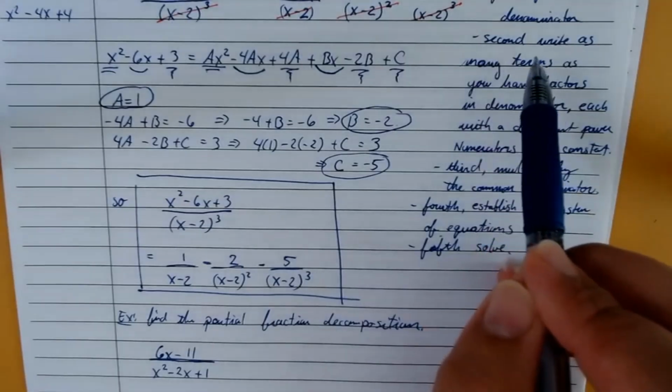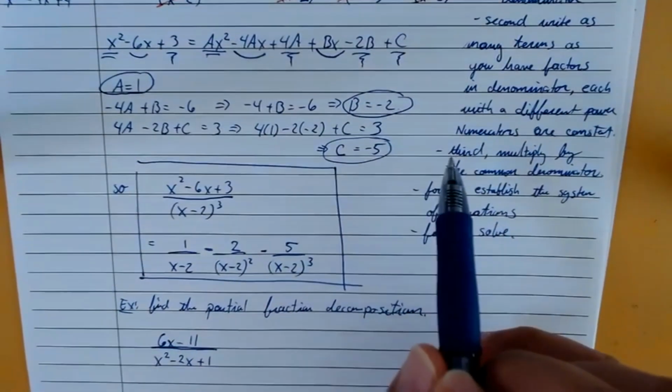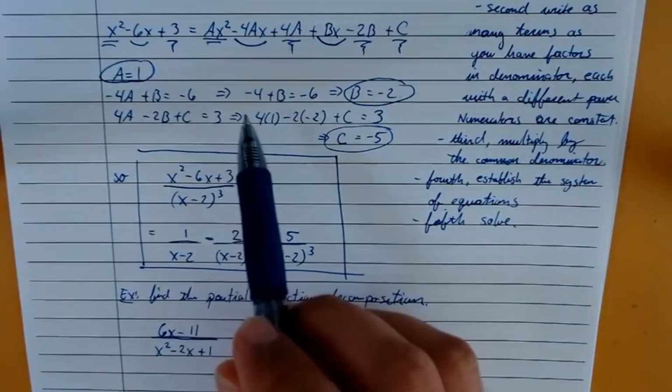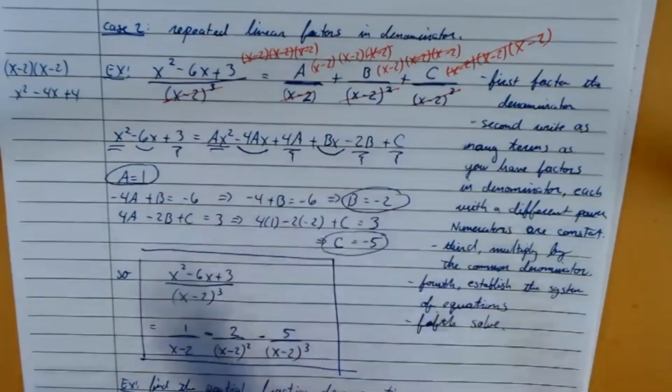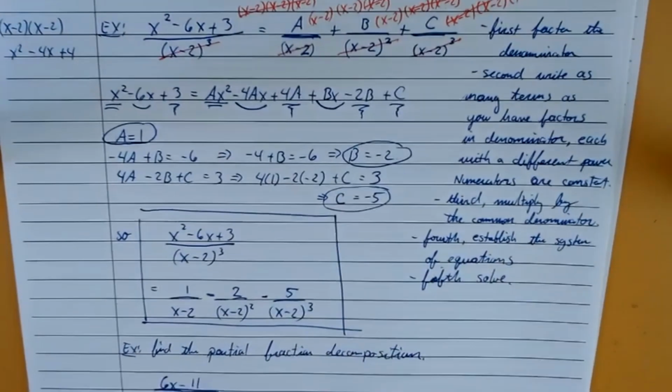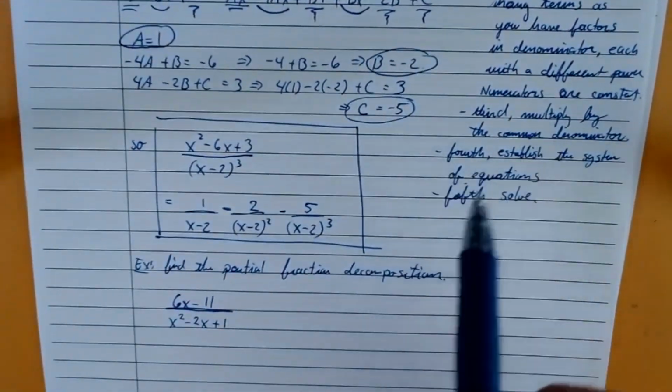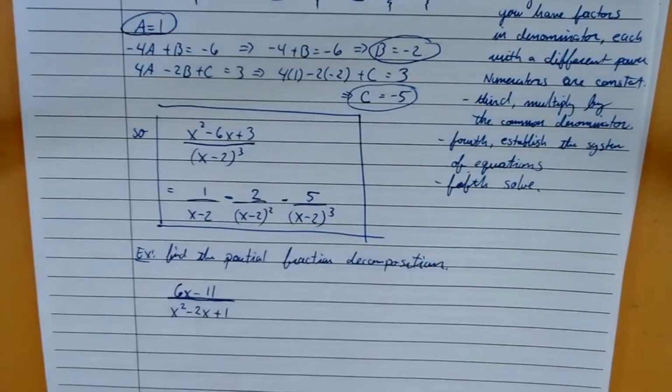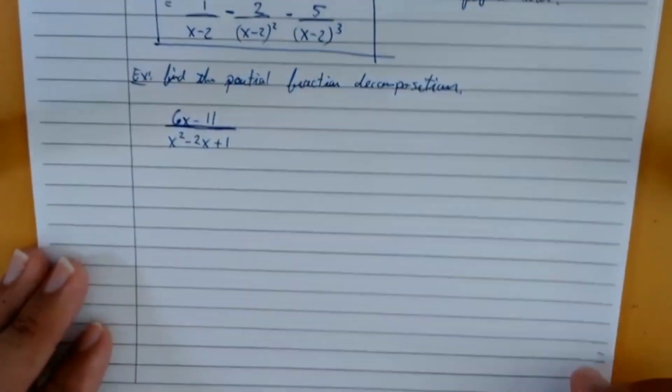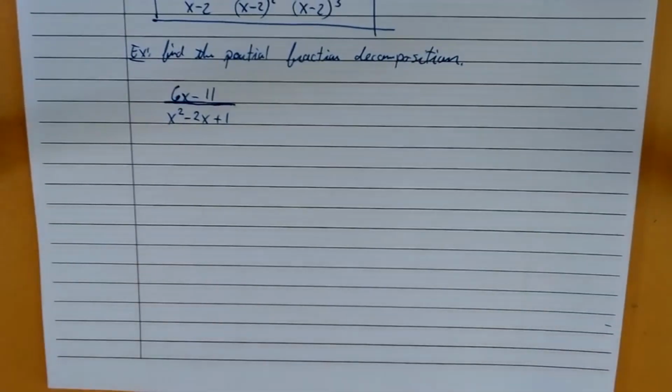Then write as many terms as you have factors in the denominator. In this case, I had 3 factors, so I wrote 3 terms. If you had 4 factors, you write 4 terms, whatever it takes. Multiply by the common denominator, establish your system of equations, and finally solve. So go ahead and give that a try. Pause the video and give yourself the time you need. Once you have your result, you can unpause the video and we'll go through it together.